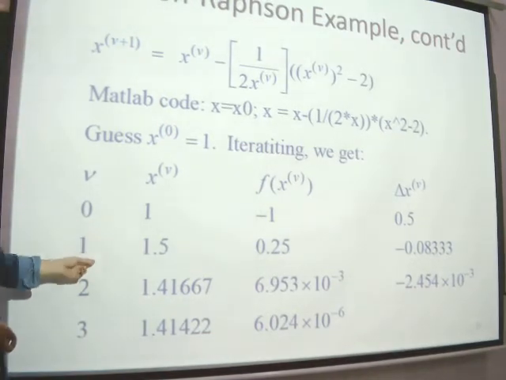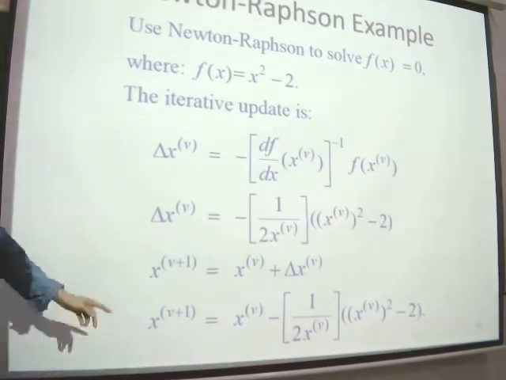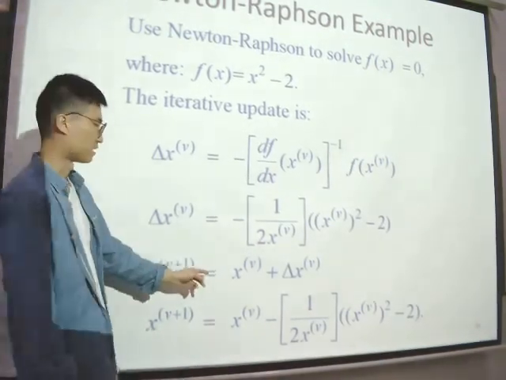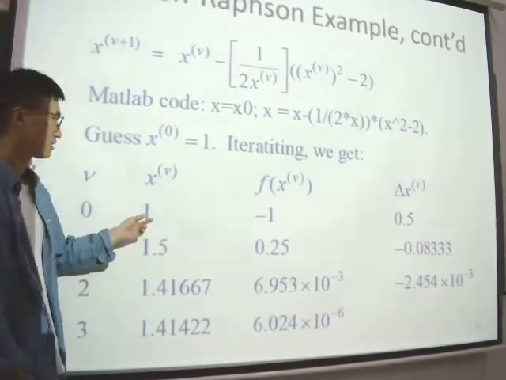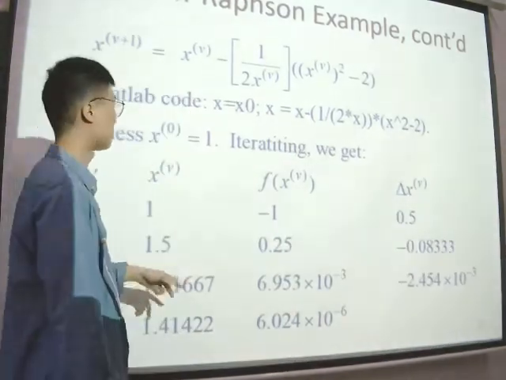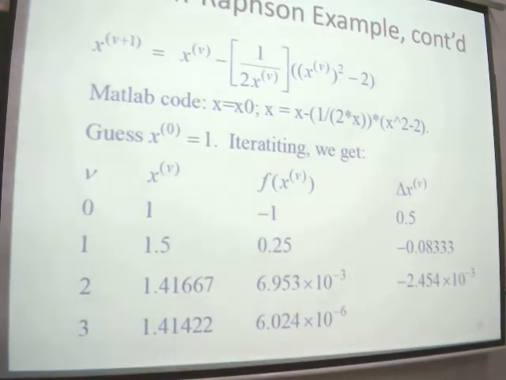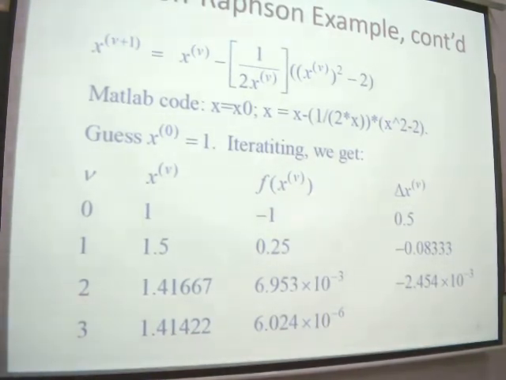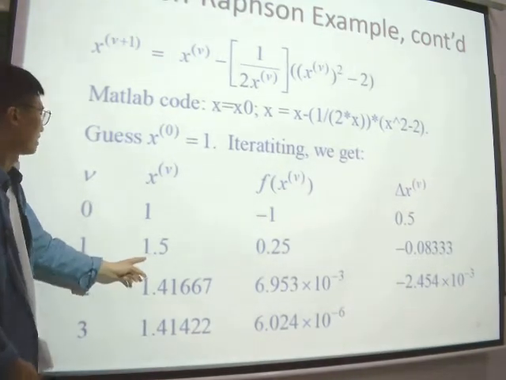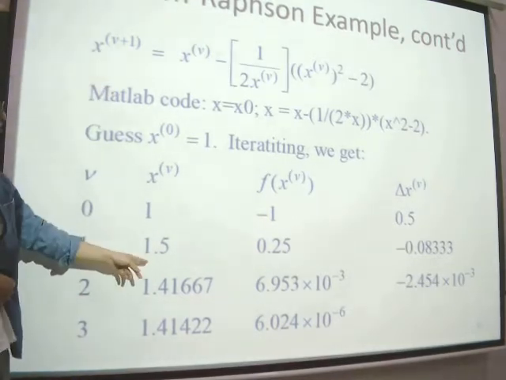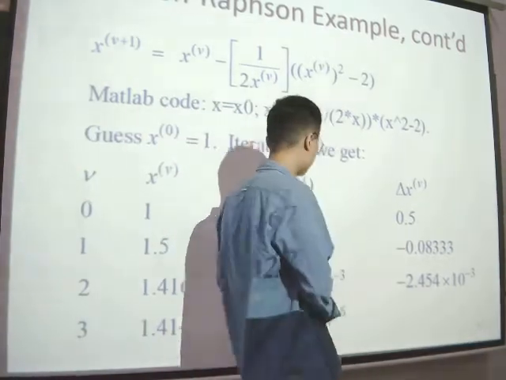Then we have a second step, because we know that the update of x is x plus the delta x. So x plus the delta x is 1.5. Okay, we see x2 is 1.5, and then we get the delta x.